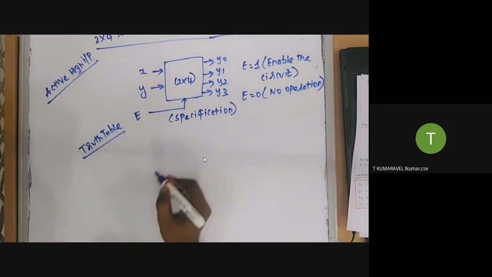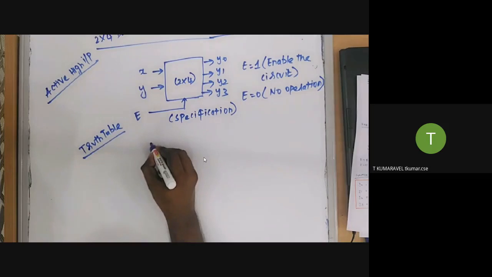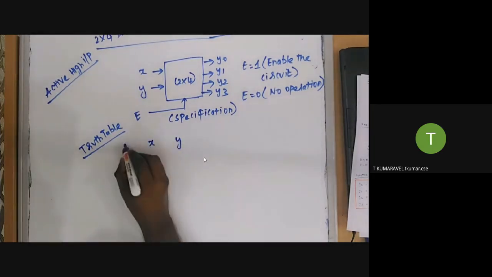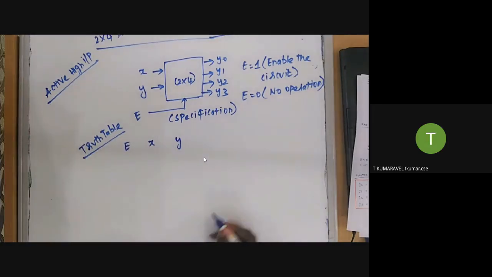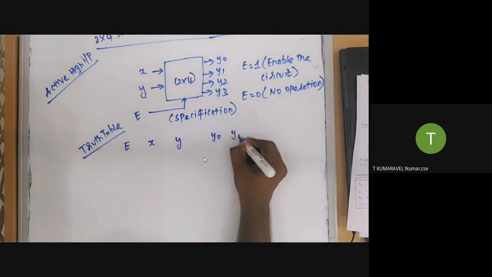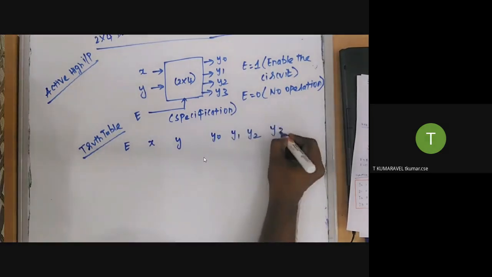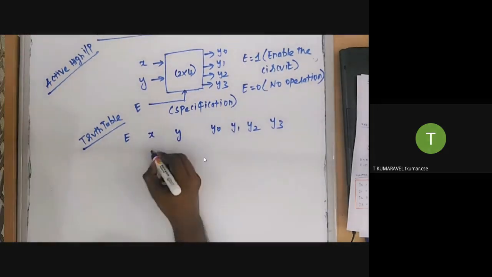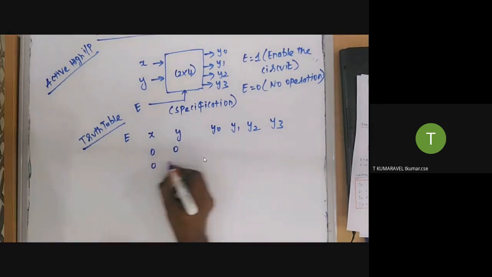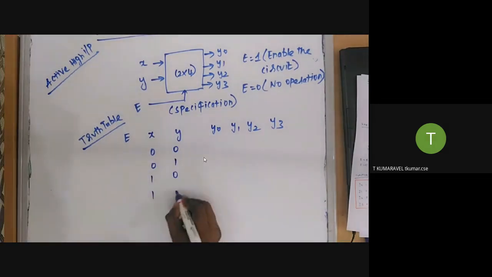Okay, my inputs are x, y. Along with that, I'm going to add the enable input. What outputs is it going to generate? Y0, y1, y2, and then y3. It is a two variable function. How many combinations are available? Four: 0 0, 0 1, 1 0, 1 1.